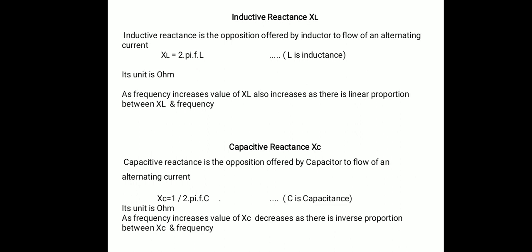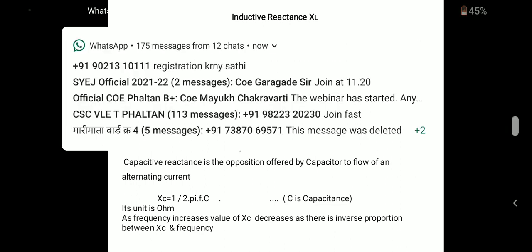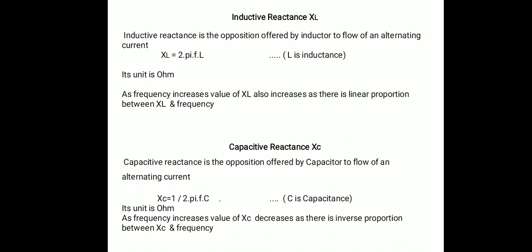We can see in the equation that Xc is inversely proportional to F, because F is in the denominator. As F goes on increasing, the ratio 1 by F goes on decreasing, so the value of Xc goes on decreasing.